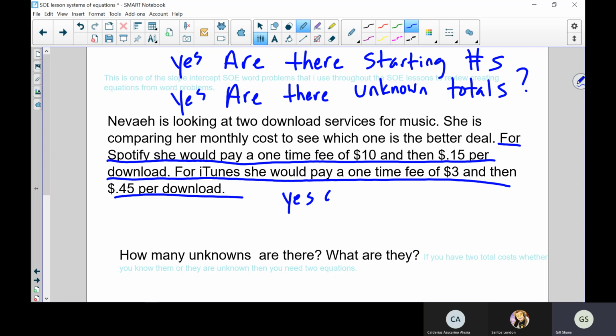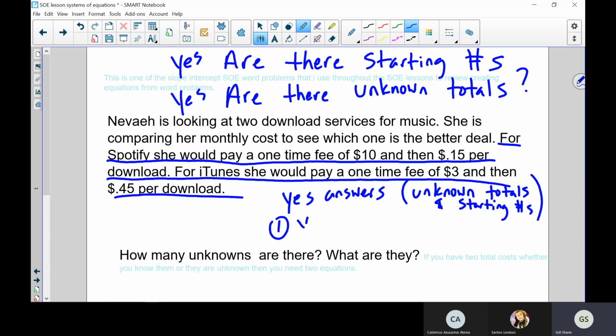So yes answers, unknown totals and starting numbers. So that's what we're answering yes to right there. If you have yes answers to those, that tells you two things. One, the format of the equation is this. That's the format of the equation.